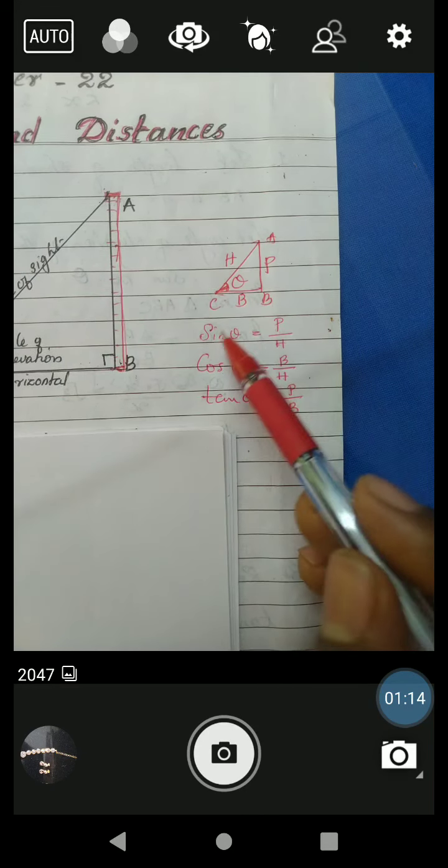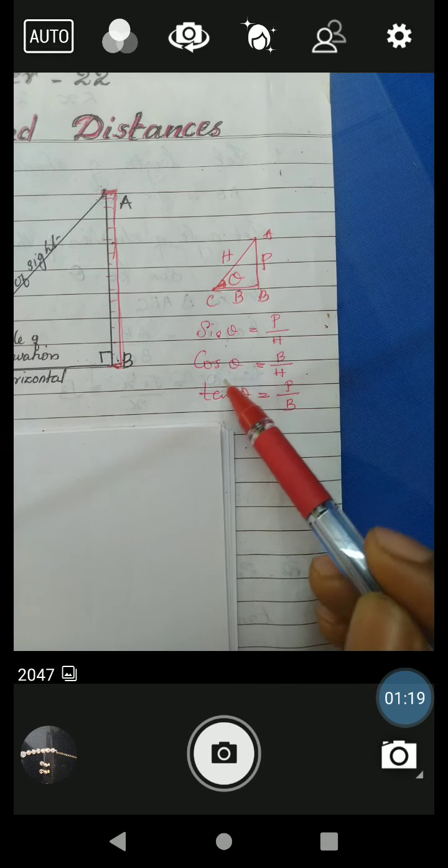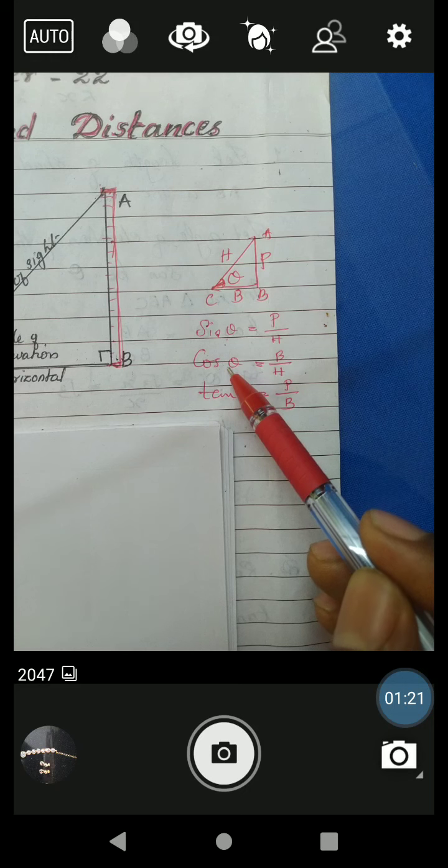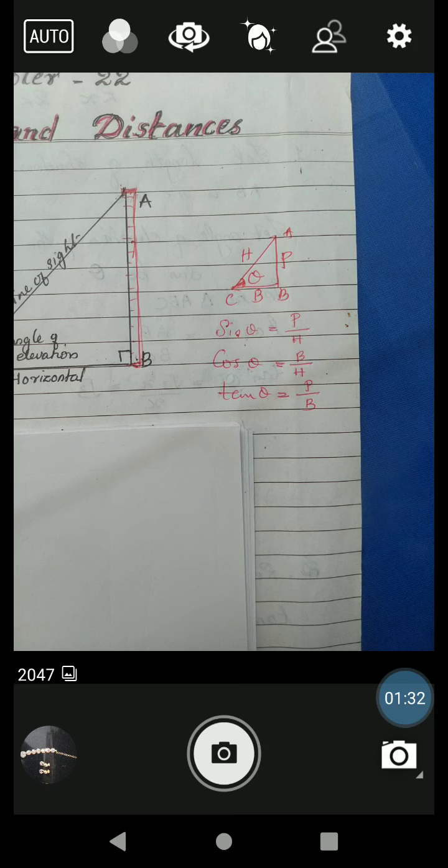Cosec theta is the reciprocal of sin theta, sec theta is the reciprocal of cos theta, and cot theta is the reciprocal of tan theta. Remember all trigonometrical ratios and the values of trigonometrical ratios of standard angles.